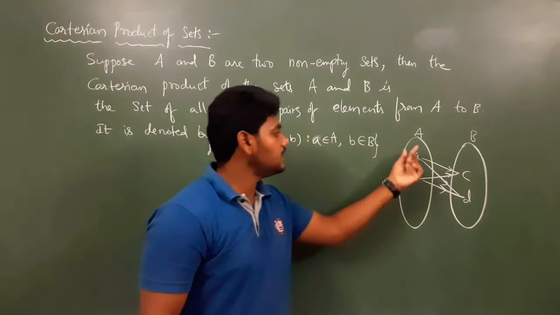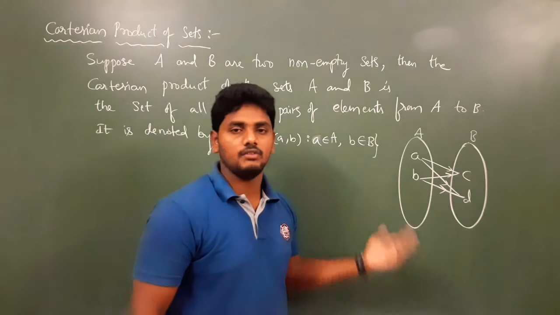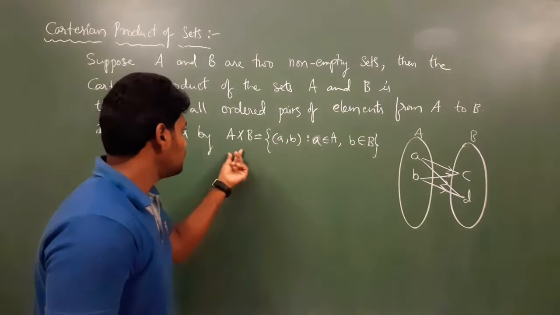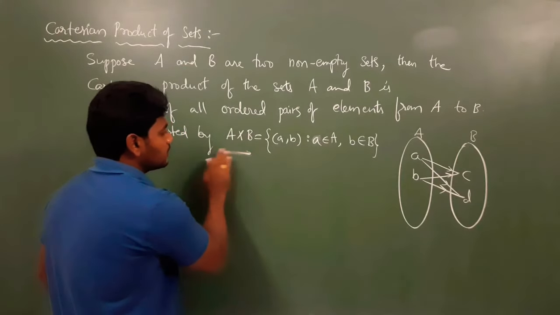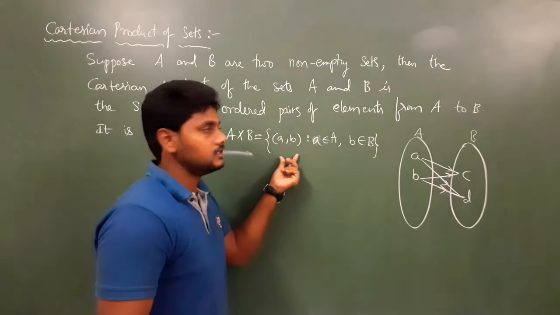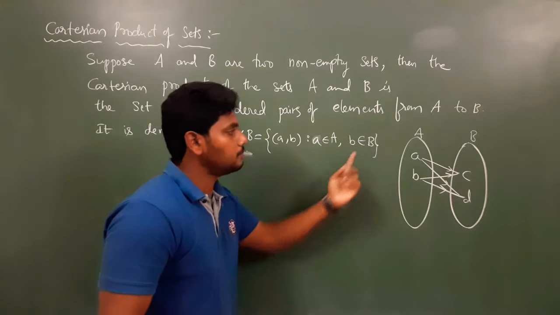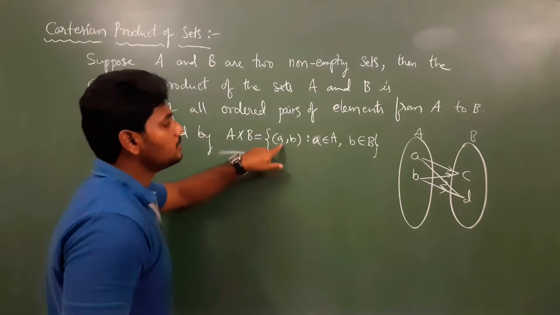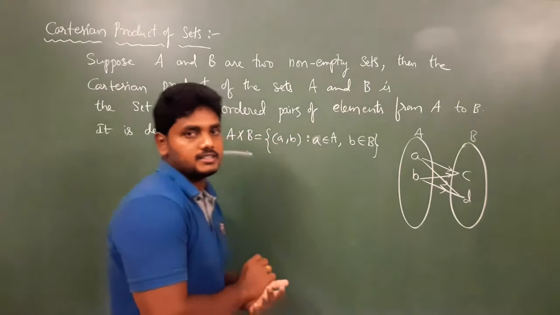See, here I have written A is a comma b, B is c comma d. Instead of a comma b, c comma d, whatever it may be, that Cartesian product we will denote by A cross B. That we will write as ordered pair a comma b, where a belongs to capital A, b belongs to capital B. Nothing but first element belongs to first set, second element belongs to second set, right?